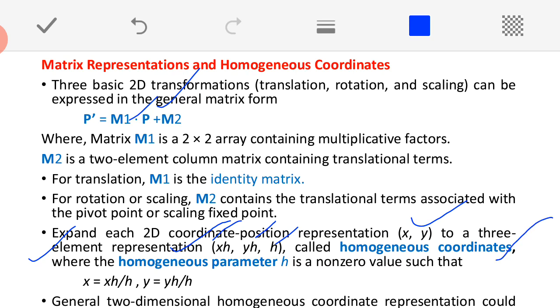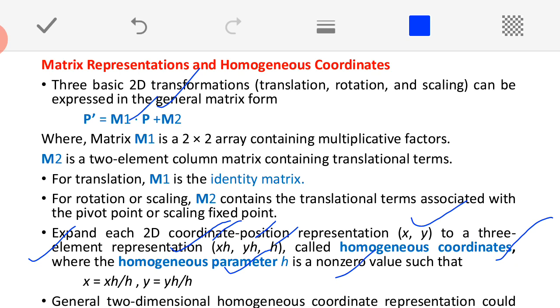So, homogeneous coordinates consist of 3 elements, whereas my normal two dimensional consists of only 2 elements, x comma y. That will now be converted to xh comma yh comma h, that I am going to call a homogeneous coordinate, and my h is called the homogeneous parameter, which should always be non-zero. In this case we are going to set h equal to exactly 1.